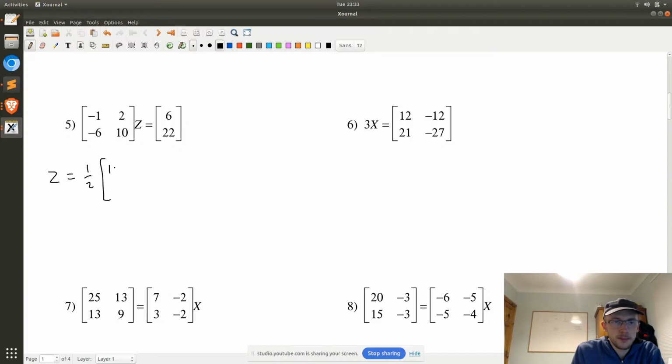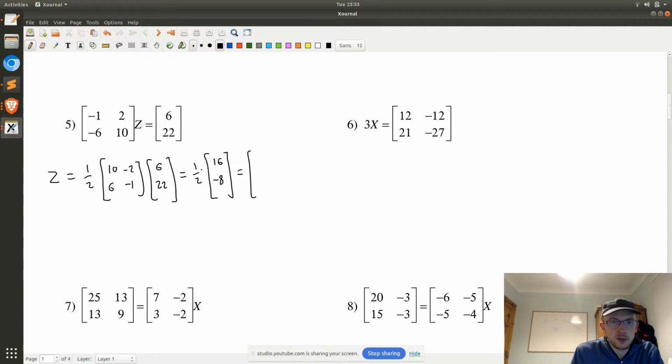Swap. Negate. Matrix multiply. 60 take 44 is 16. 36 take 44 is minus 8.